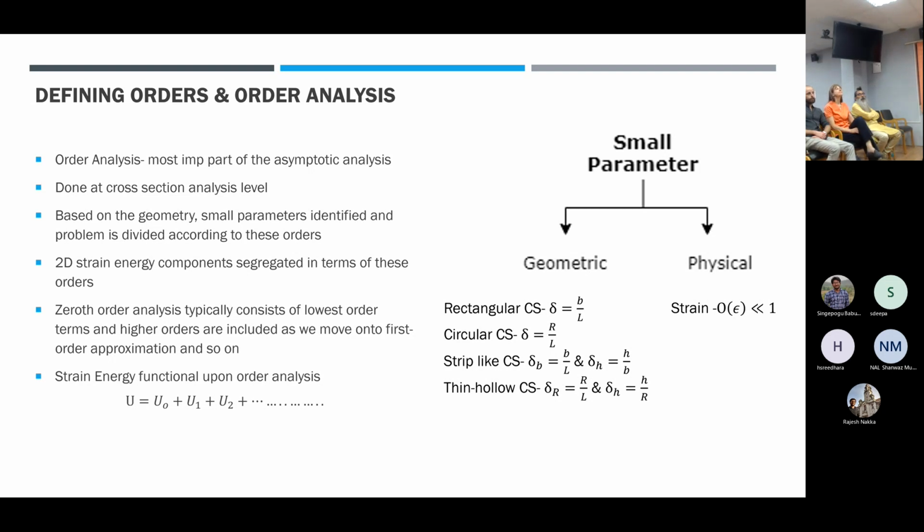So we write the strain energy functional, the strains, in terms of these small parameters, retaining the terms in the orders of these small parameters, and we carry out the analysis in different steps. First we carry out the zeroth order analysis, which includes just the leading order terms extracted from this strain energy functional.